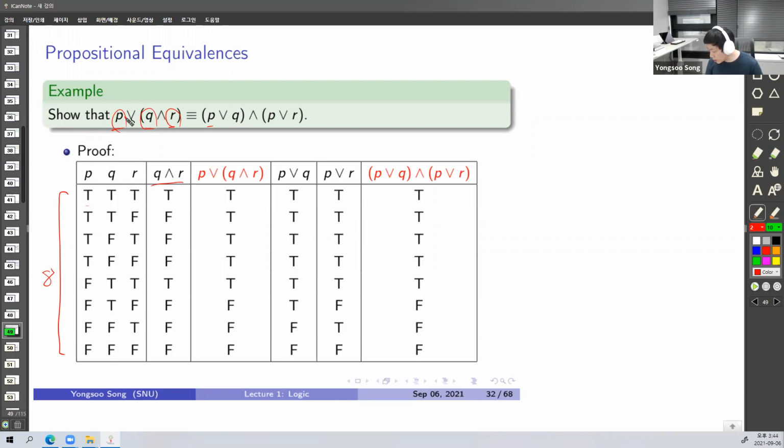You can see that these two red propositions are totally identical. They are true for the first 5 rows, and false for the final 3 truth values.